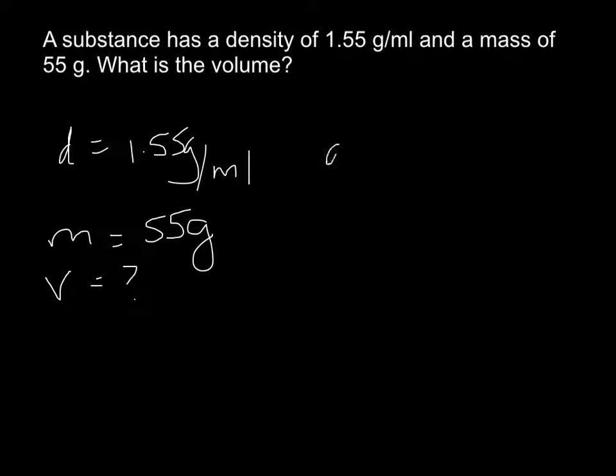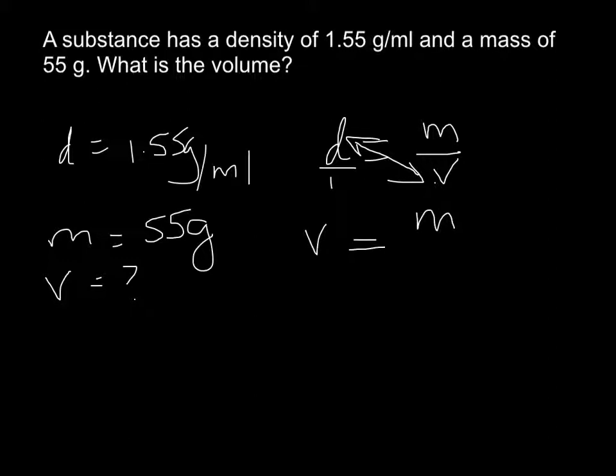So density equals the mass divided by the volume. Now a shortcut here, remember, is if we're looking for the volume, which is in the denominator, we can just make these guys switch places. So volume just equals the mass divided by the density. This is a really easy little switch. We just switched mass and density. So let's just plug straight in.